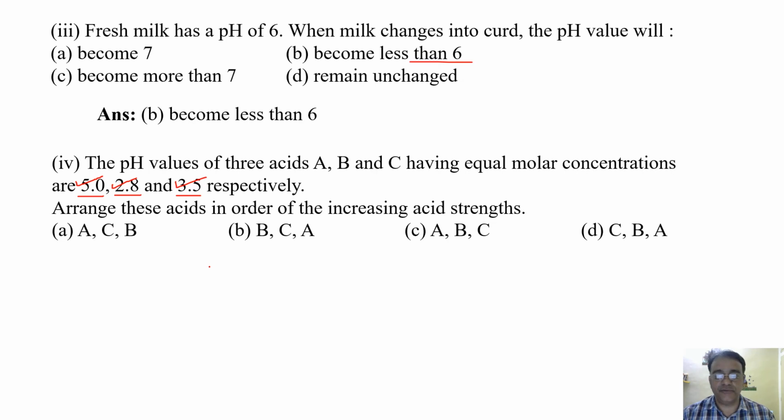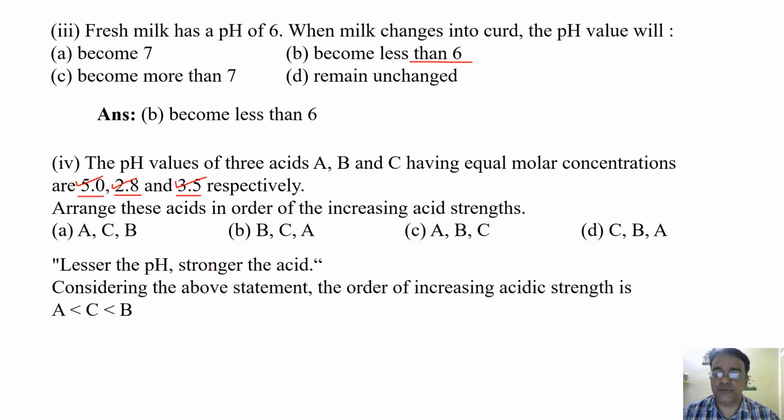That means 5.0 किसका है, A का, then 3.5 किसका है, C का, then 2.8, B. Okay, so the lesser the pH, the stronger the acid. So the order of increasing acidic strength is A less than C, less than B. So the correct option is A, right.